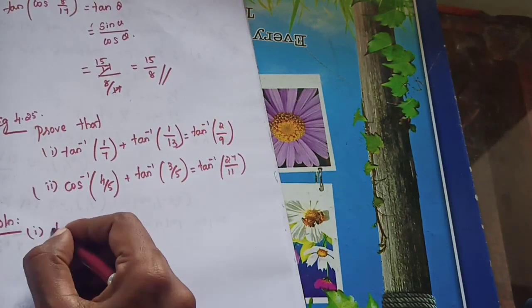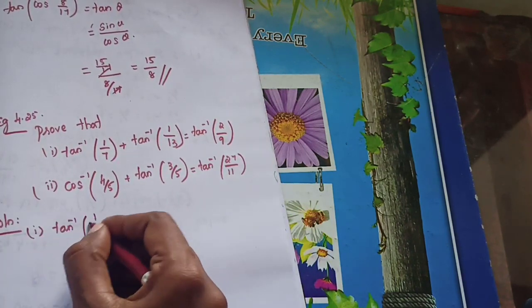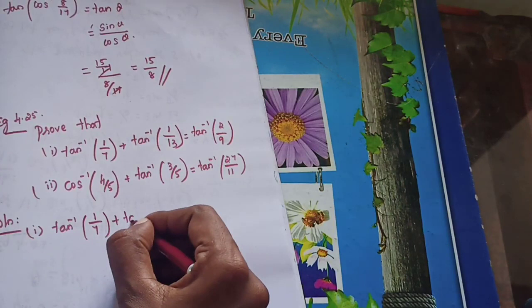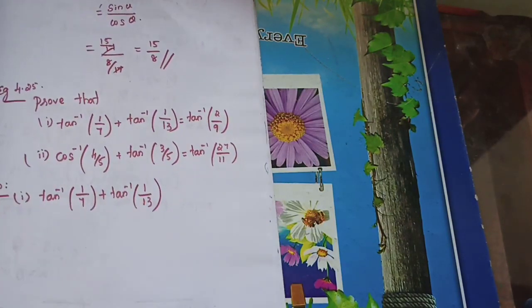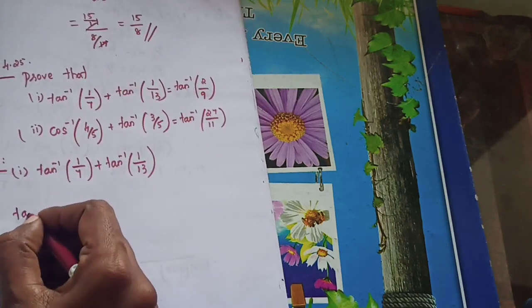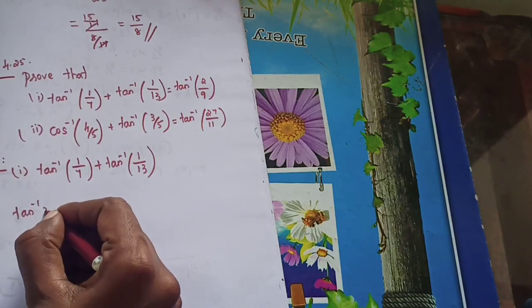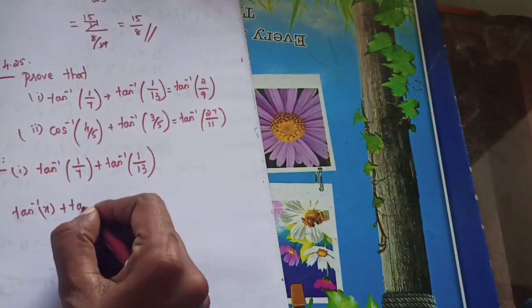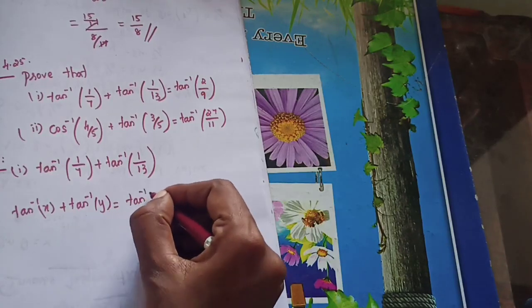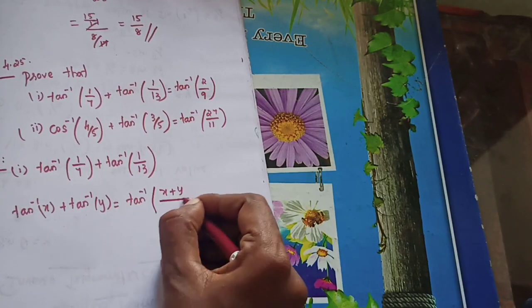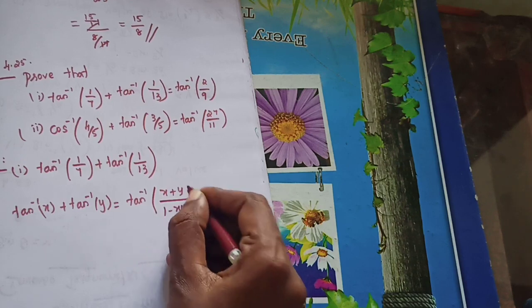First one, tan inverse of 1 by 7 plus tan inverse of 1 by 13. You know the formula for tan inverse of x plus tan inverse of y. I have taught you the formula in properties: tan inverse of x plus tan inverse of y equal to tan inverse of x plus y divided by 1 minus xy.